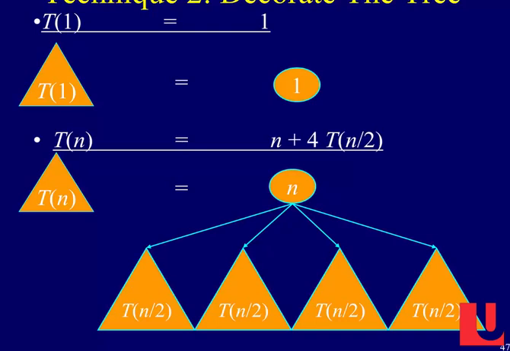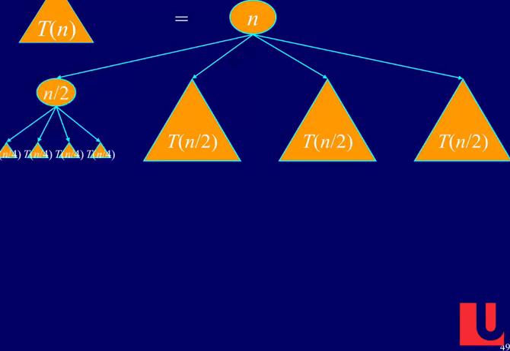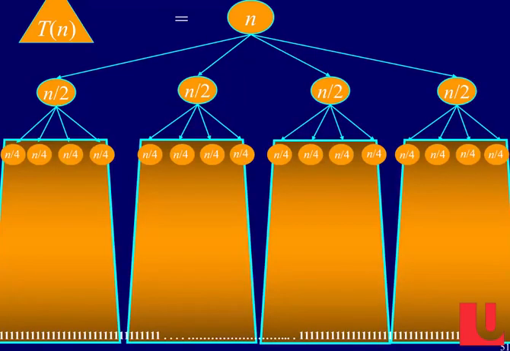Everybody understand how this equation is represented in pictures? And then we can unwind them further. How much work does this guy personally do? n over 2, because he has an input of size n over 2. And he has 4 friends whose inputs are size n over 4. And that unwinds, and it keeps going down until we have the base case.